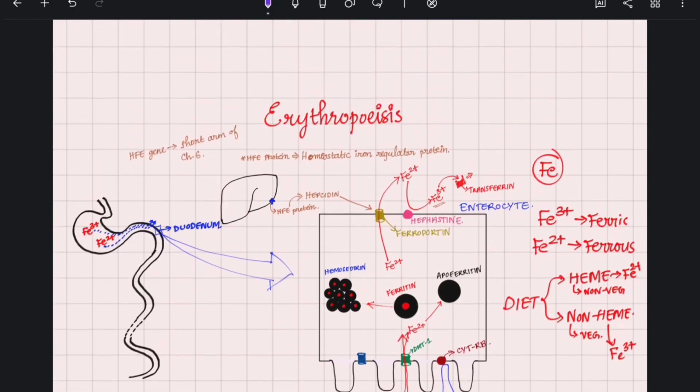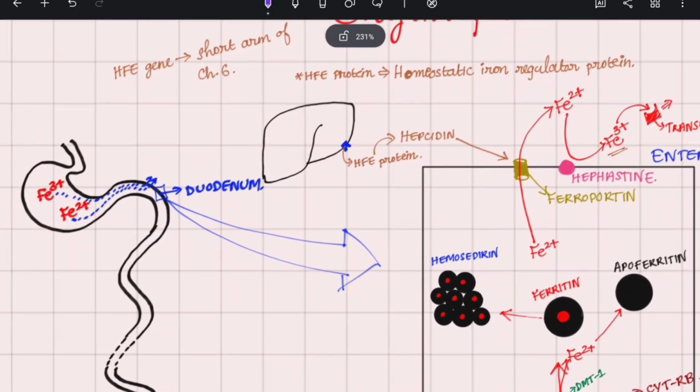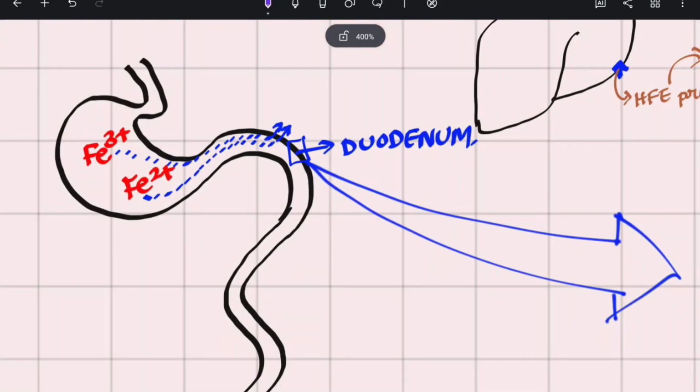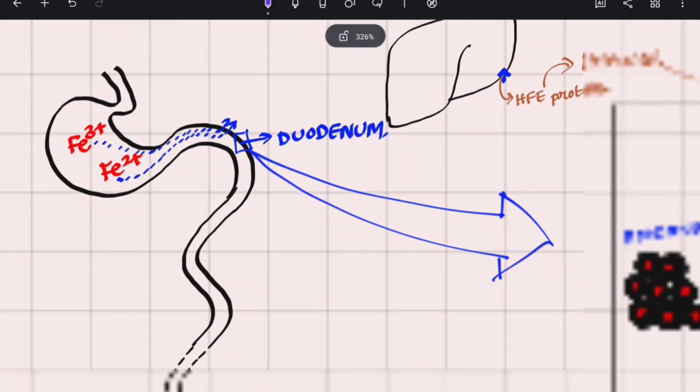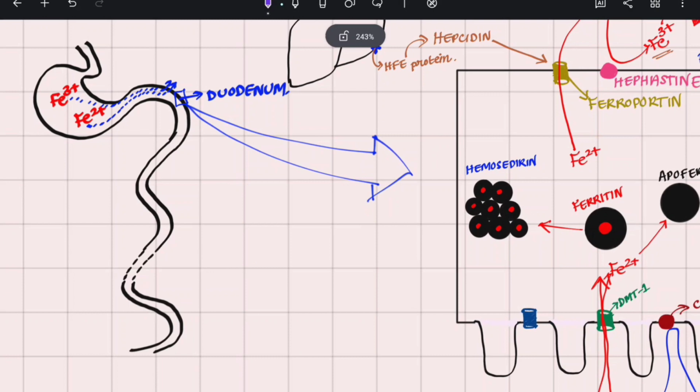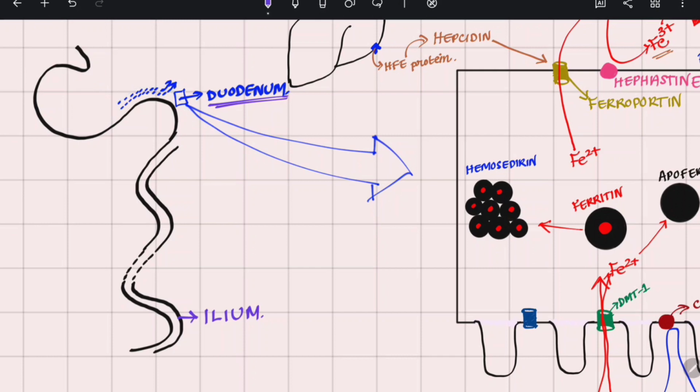We can come back to this little diagram, and here there are two major sites of intake of these two vitamins. First one is this part, which is the ileum, and the second one is the duodenum itself. Okay, so we can first talk about the factor in the duodenum, which is vitamin B9 or folic acid.